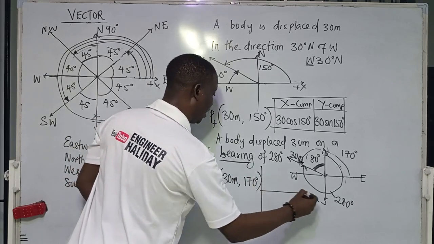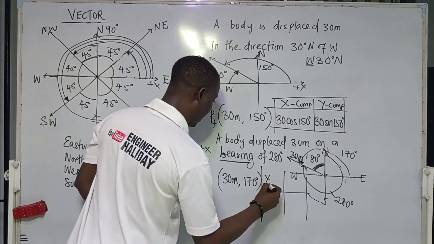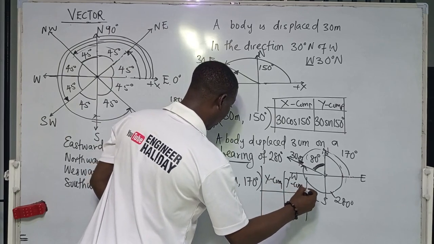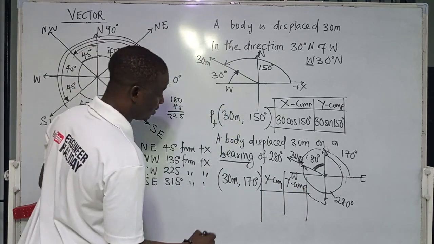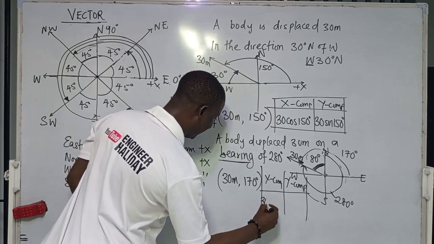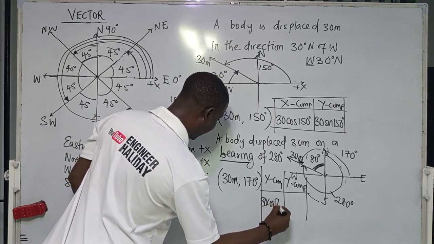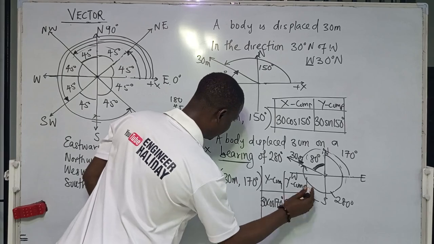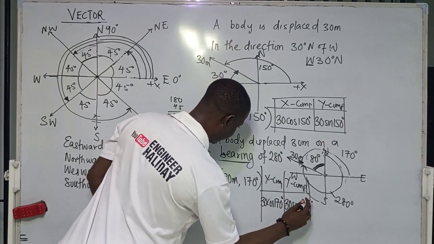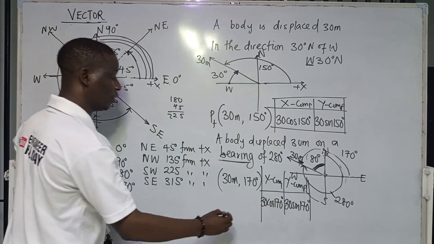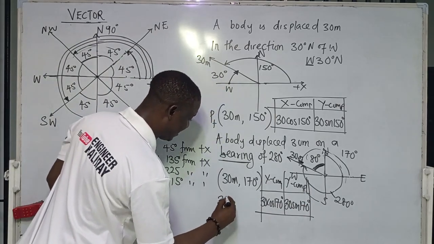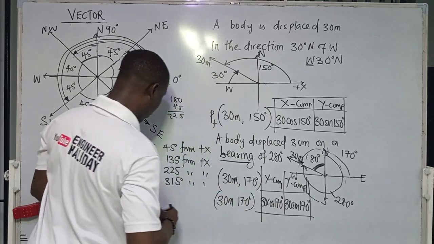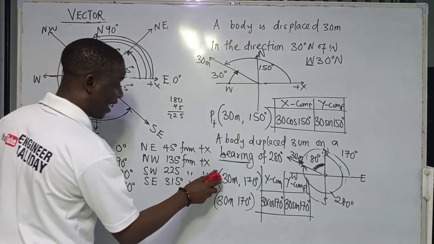So if you want to resolve it now into two dimensions, x component and y component, what do we do? It will be 30 cos 170 degrees and 30 sine 170 degrees. So you have resolved this particular 30 meters, 170 degrees in polar form, into x and y components.